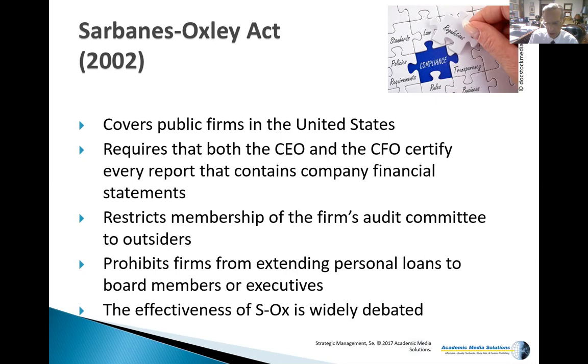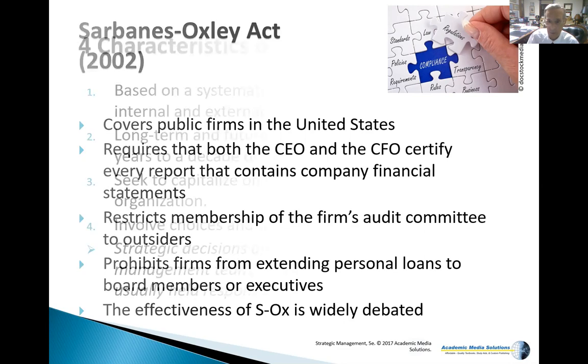You can see that the effectiveness of Sarbanes-Oxley is widely debated according to this slide. But frankly, I would anticipate even more oversight by public agencies, particularly in Europe and the United States. We can see more legislation like this, not less.